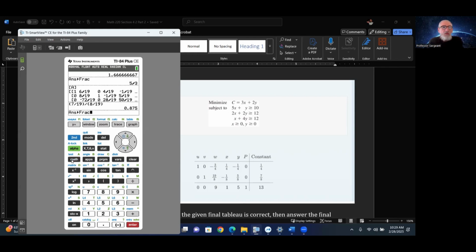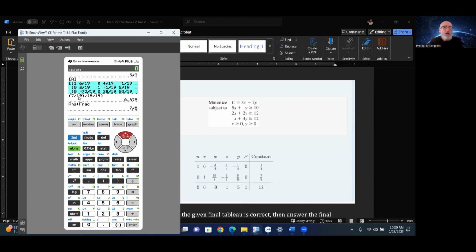And in any case, that 7/8 is a proper fraction. The 5/3 is improper. So 7/8 is less than 1. 1 is less than 5/3. And so row 2 is going to be our pivot row.